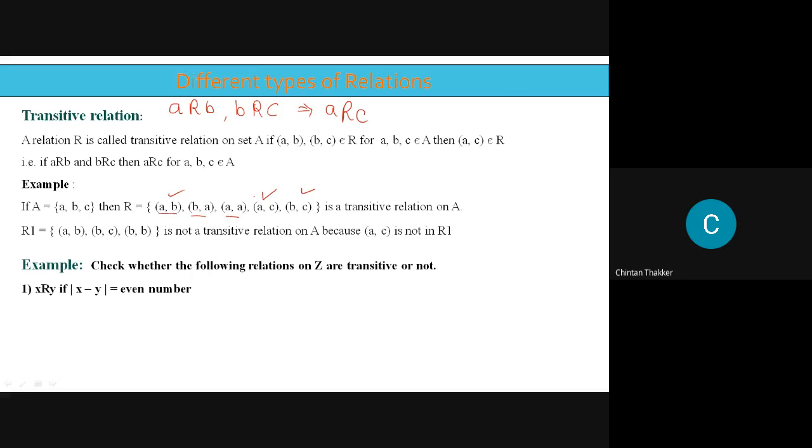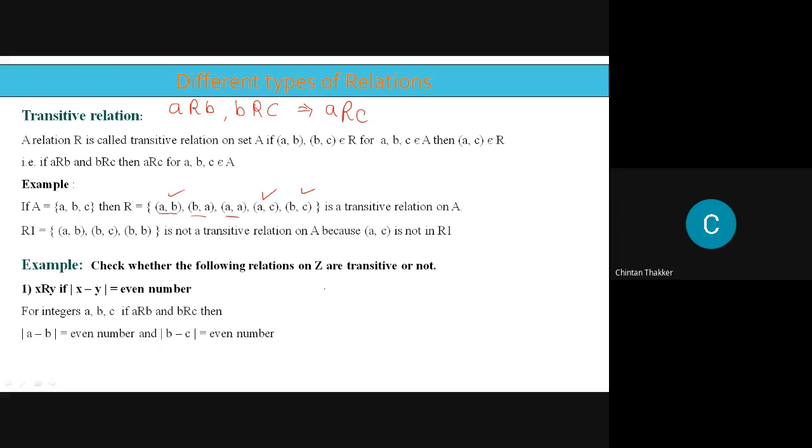Now here we take three elements A, B and C, such that A is related to B and B is related to C. So we have A minus B is an even number, B minus C is also an even number. Okay.